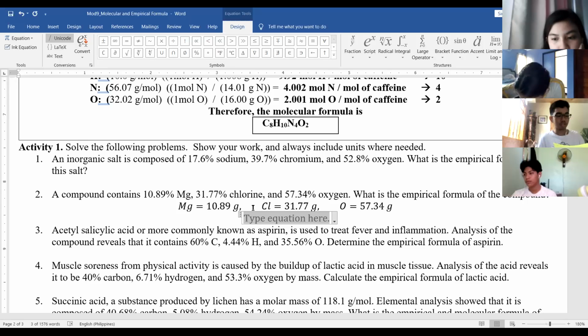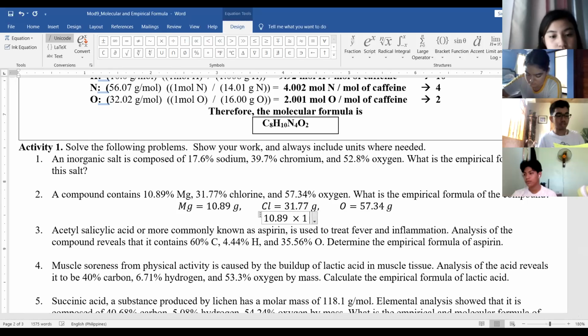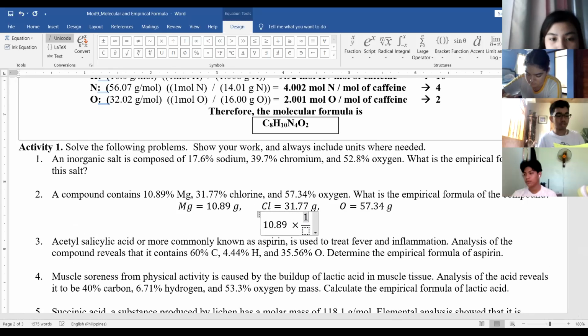Second step, change the mass to mole. So in every 10.89 grams in the sample, multiply that to 1 mole. How many grams of magnesium are there present in 1 mole?